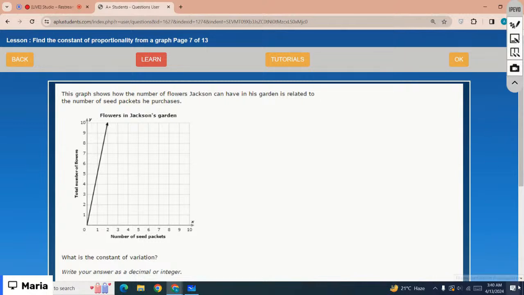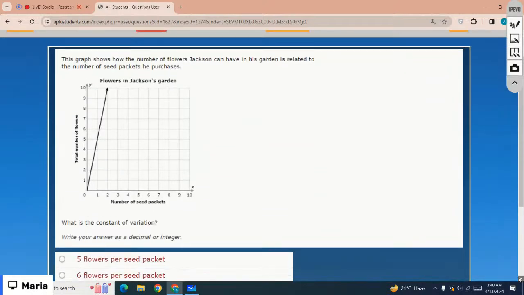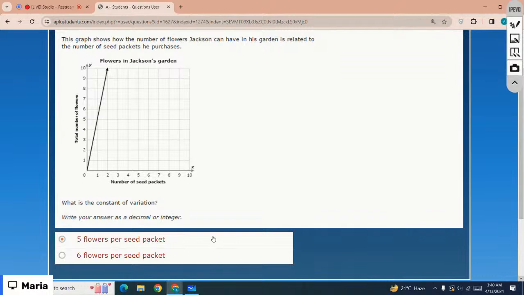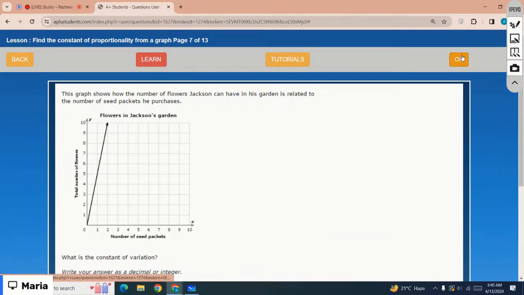Yes, the correct option is 5 flowers per seed packet, right? Okay, you can complete the lesson by yourself later today.